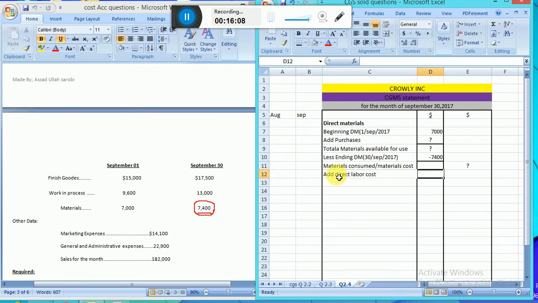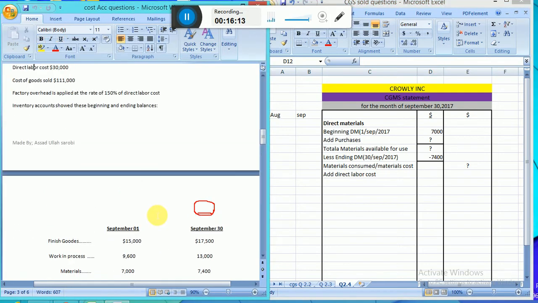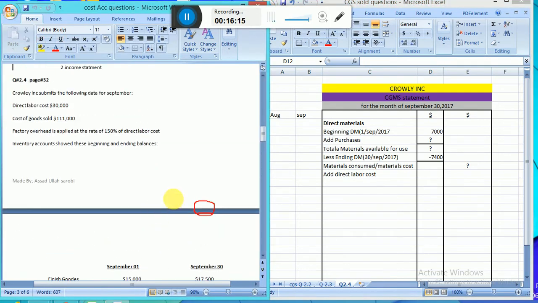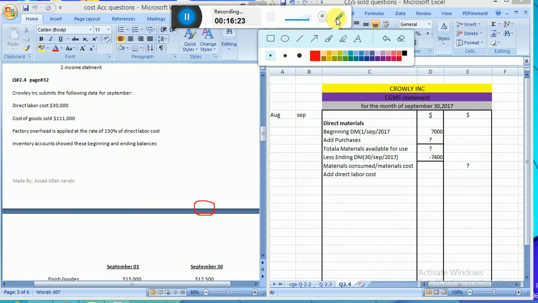How much is direct labor cost? In the question, direct labor cost is given. If we look here, direct labor cost is how much? 30,000. Look here, direct labor cost is 30,000.